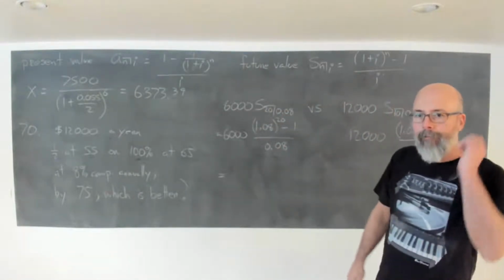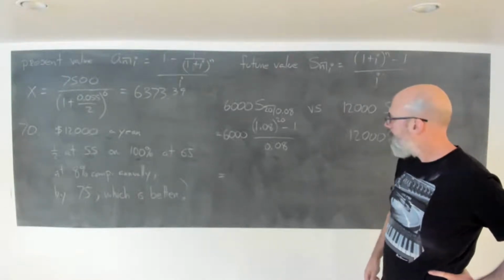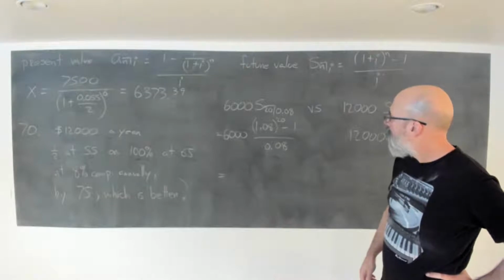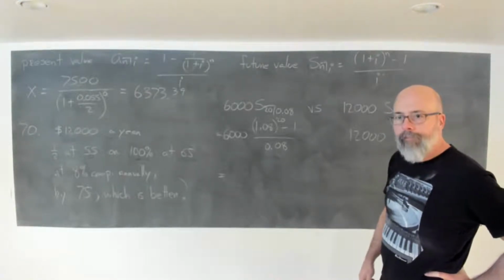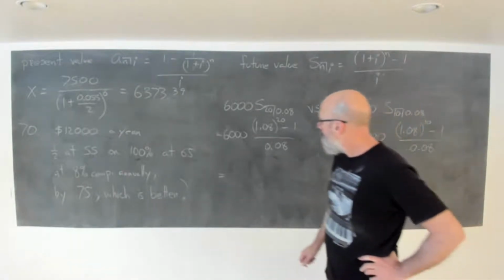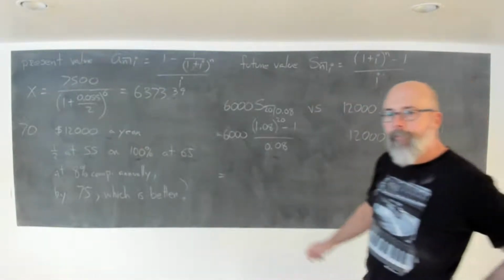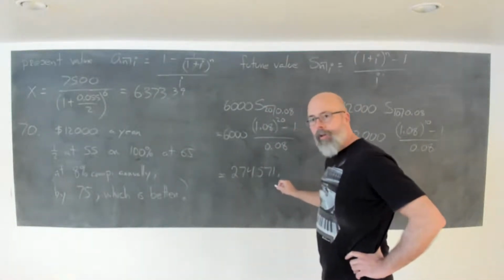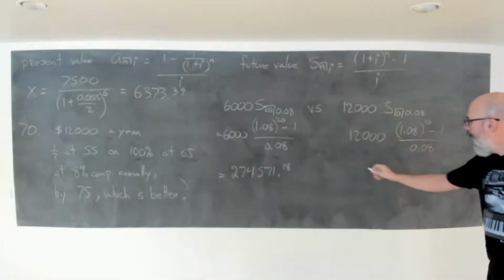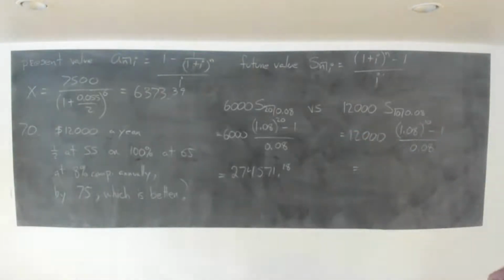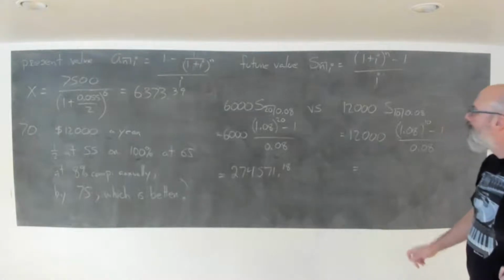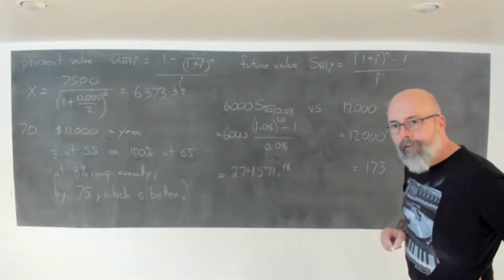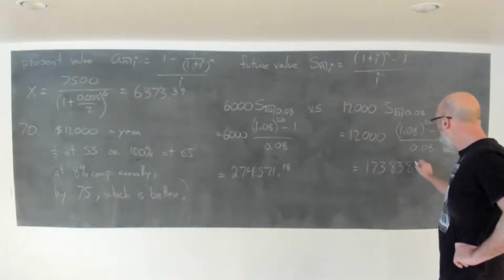What does that give us here? Is somebody working these out? Thank you. $274,571.18 versus $173,838.75.